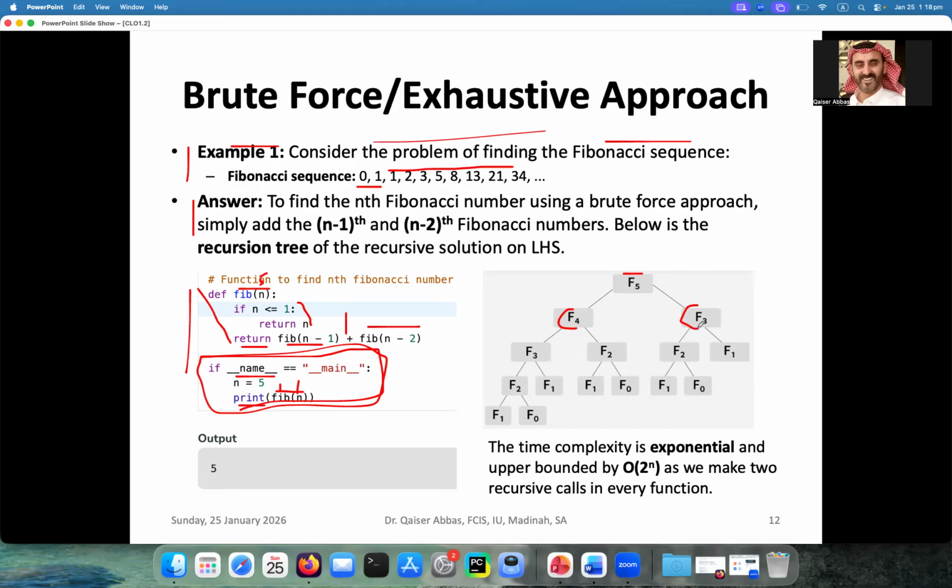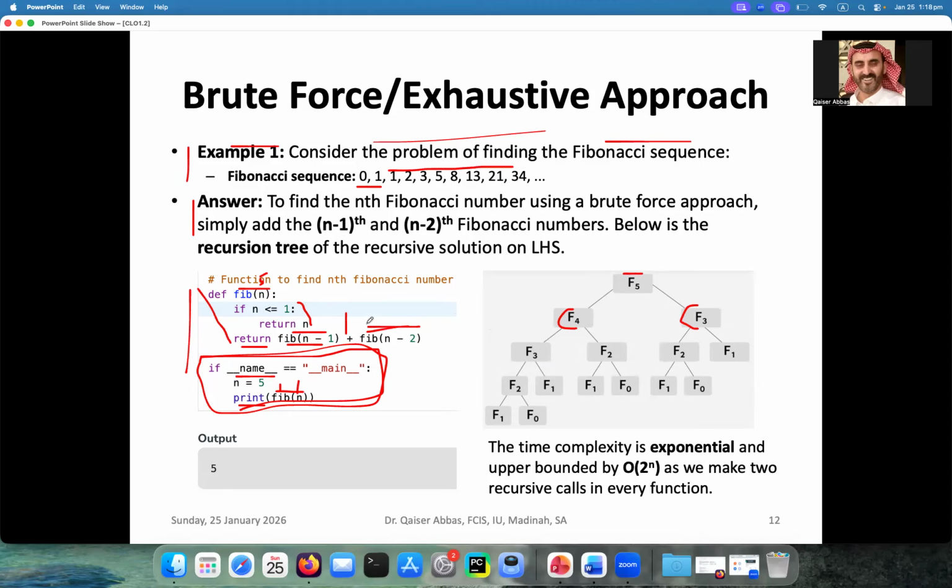So a tree is an exact understanding of recursion. If you want to understand recursion, draw a tree against it, and then you will understand.